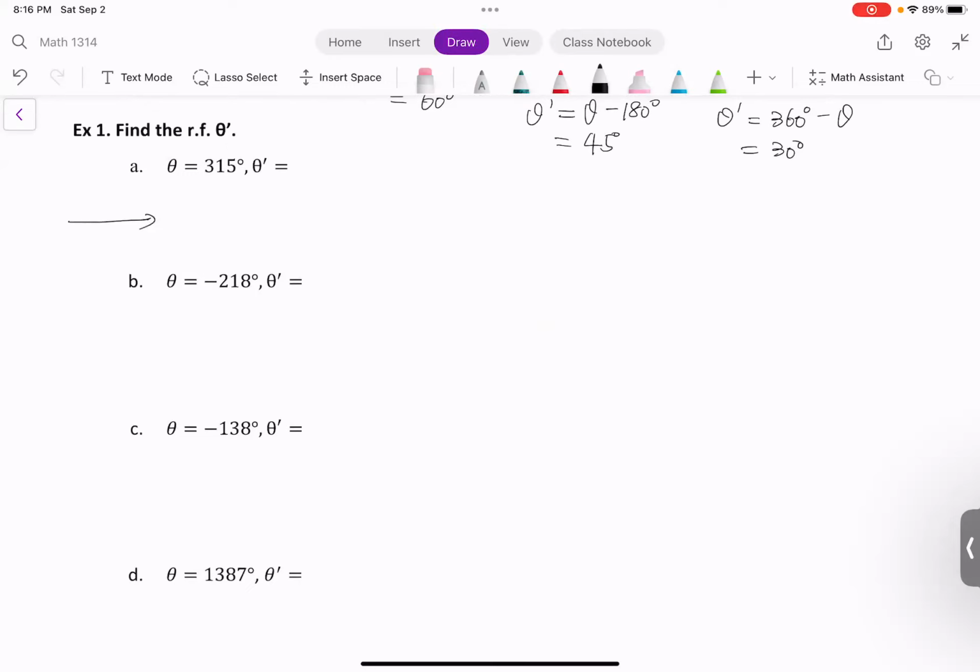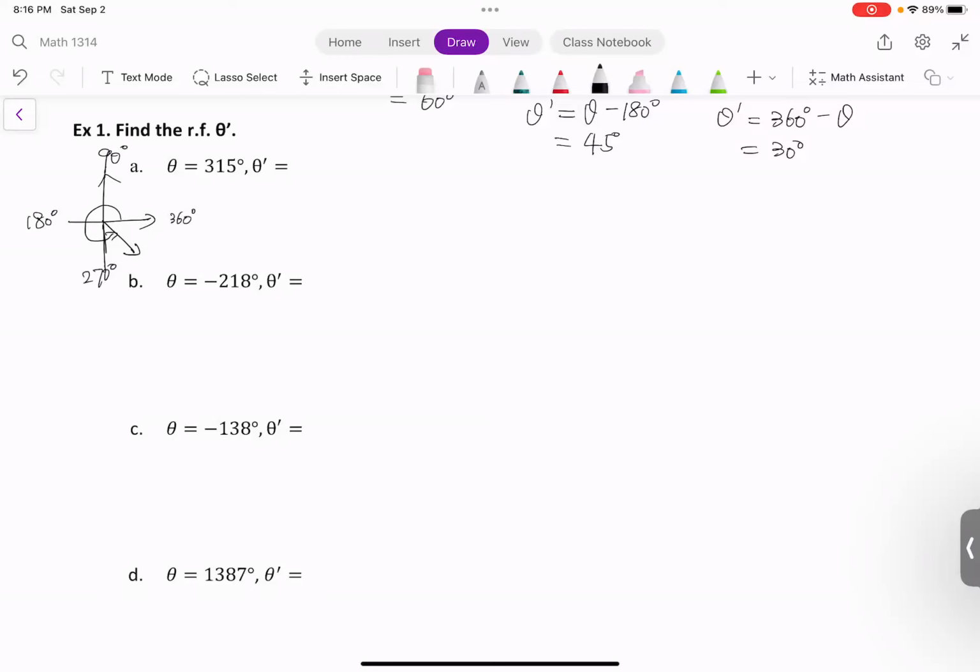Where is theta? First, second, third, or fourth quadrant? I know that theta equals 315 is in the fourth quadrant, from here all the way here. I know that here is 90 degrees, here is 180, and here is 270, and then all the way back is 360.